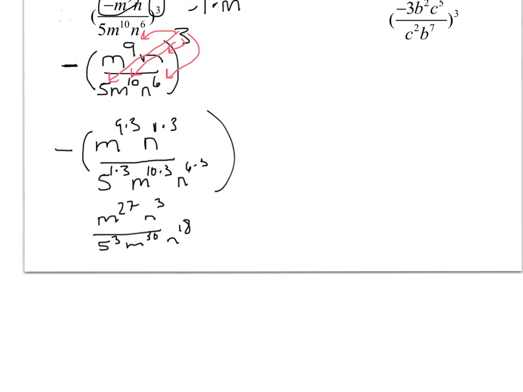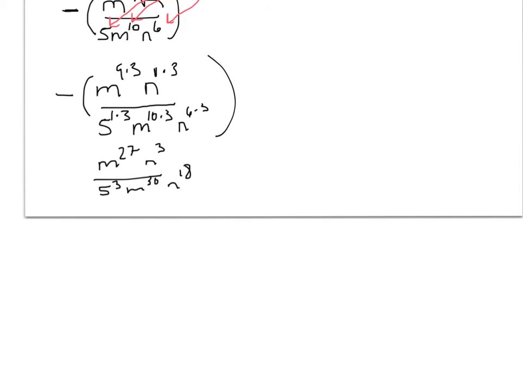Okay? Now I'm going to look at this and see if there's anything that I can reduce. First thing, I have an m here and an m here. I have a 27 on the top and a 30 on the bottom. So 27 minus 30 is 3. There's more m's on the bottom because we have our 30, so we just keep it on the bottom.